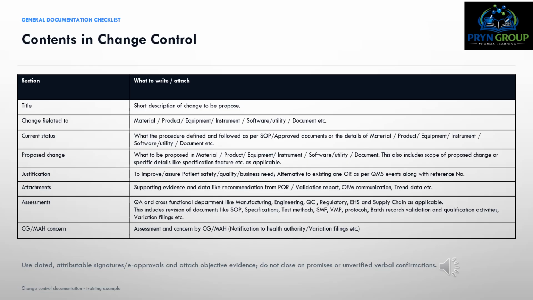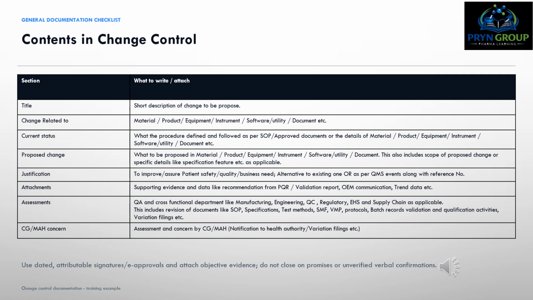Then we have to give attachments. Suppose any document is approved and a recommendation section is given there, then we have to attach documents like trend data or PQR outcome or validation outcome or OEM recommendation, likewise.